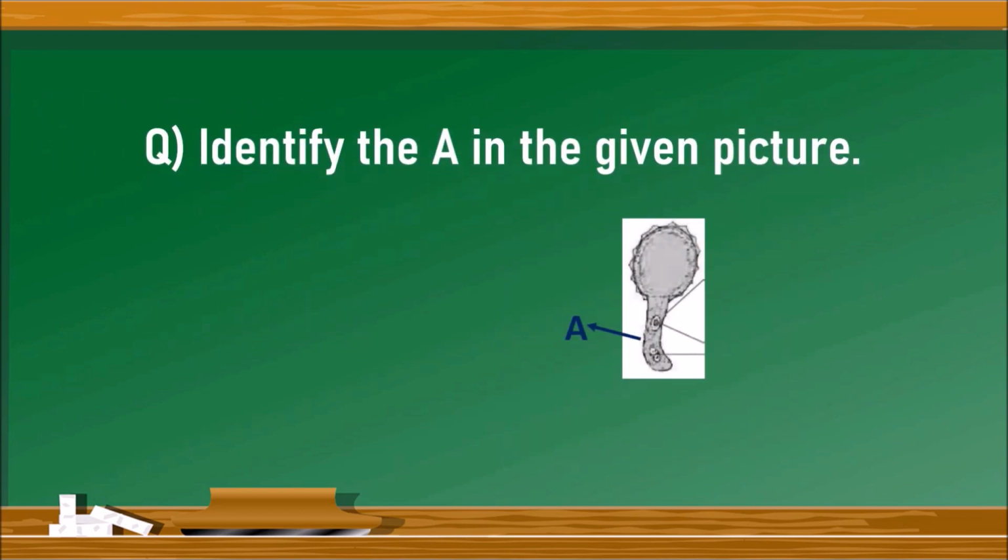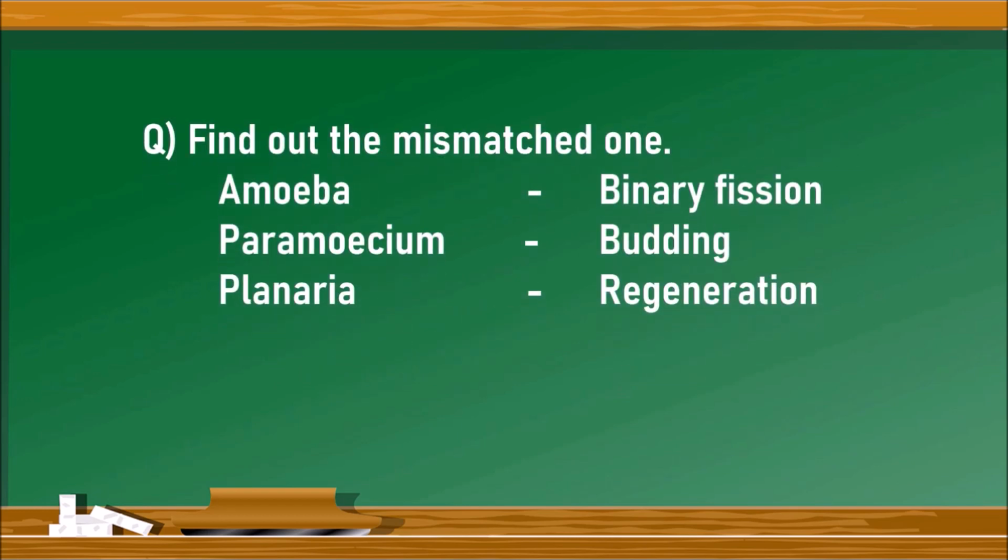Next question. Identify the A in the given picture. This is a pollen grain. The part identified as A is the pollen tube. Next one. Find out the mismatched one. Section A contains amoeba, paramecium and planaria, and section B contains binary fission, budding and regeneration.